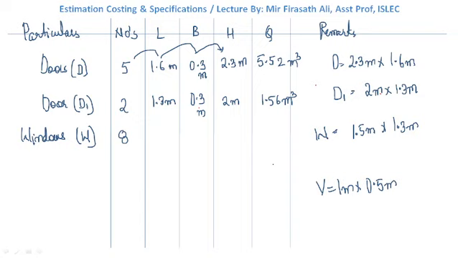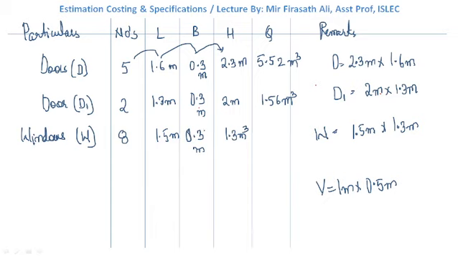From here, what will be the width? See, length and breadth are interchangeable because it will not affect our quantity. So here we will take the length as 1.5 meters, the thickness as 0.3 meters, and the height as 1.3 meters.